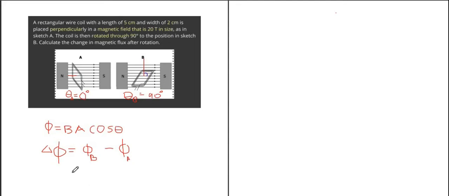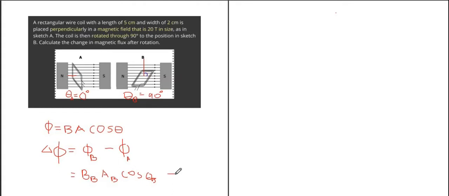And then I can write it out and say, okay, it's the field at B, the area at B, multiplied by the cos of theta at B, right?